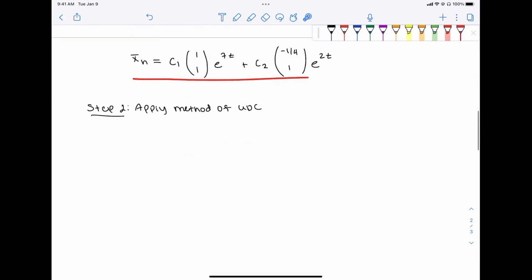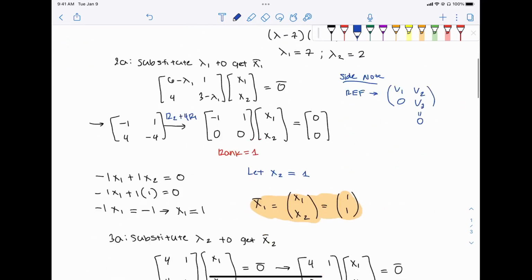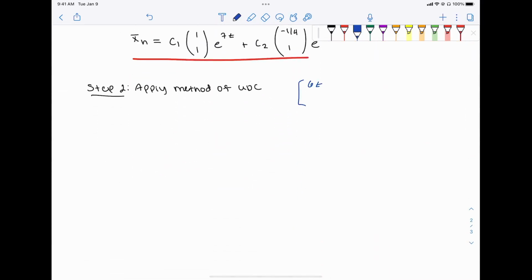Okay, so I'm just going to go ahead and write our non-homogeneous term, which was 6t and negative 10t plus 4. Okay, so the rule of thumb is that whenever we have polynomials like this, we want to break it up into descending order of the powers of the polynomials.